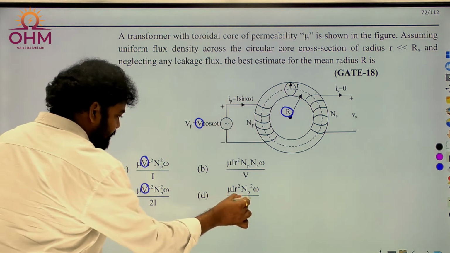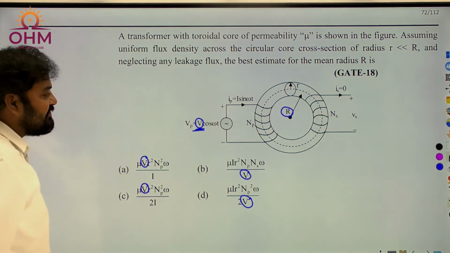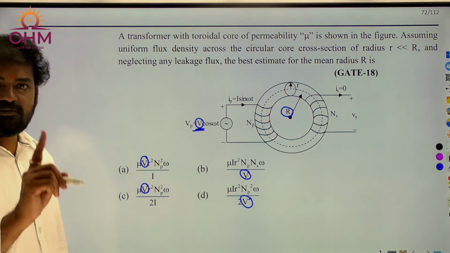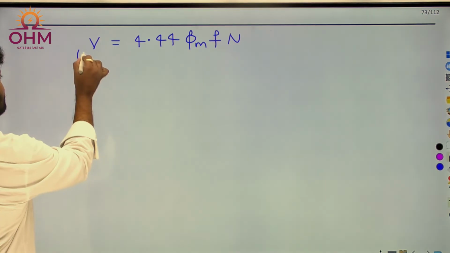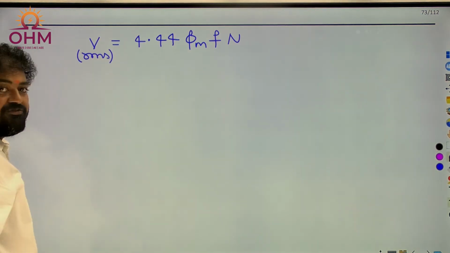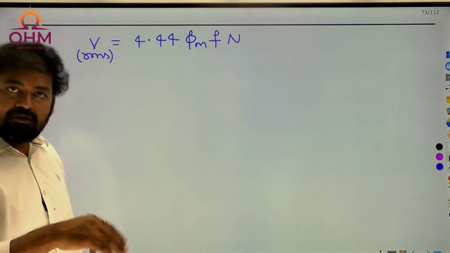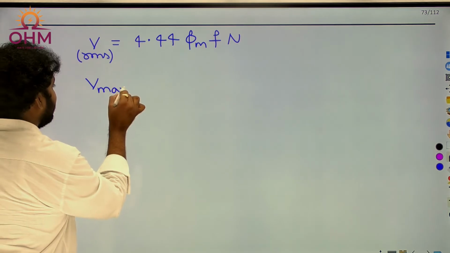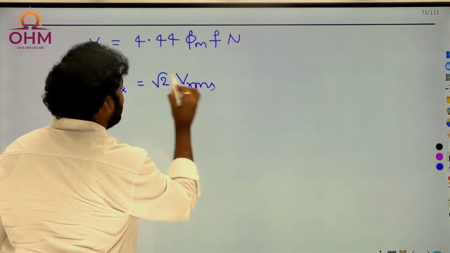Here V is the maximum value of the supply voltage, but this formula gives the RMS value of the voltage. If you know the RMS value of a sinusoidal function, then to get the maximum value you have to multiply with root 2. Therefore, maximum voltage is always equal to root 2 times the RMS voltage.